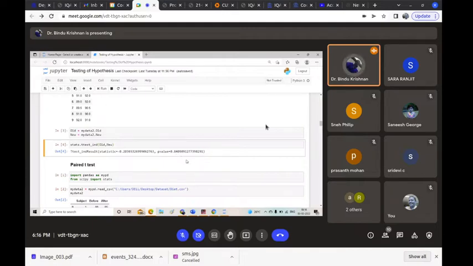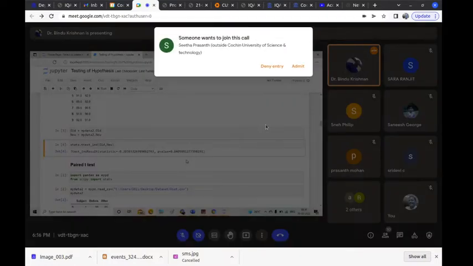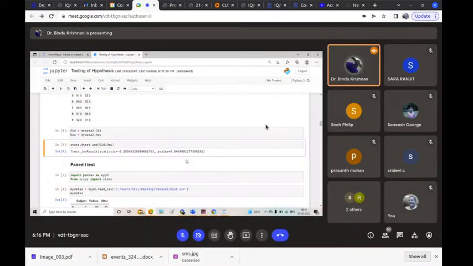So we do not reject. Not rejecting means we accept, right? So for this particular problem, we accept the hypothesis that they are equal, meaning no difference. The averages of the two utilizations by the two methods are equal.